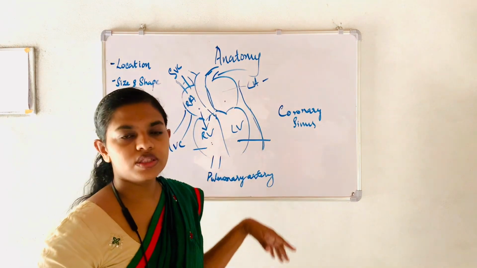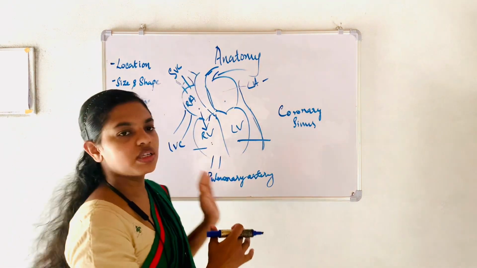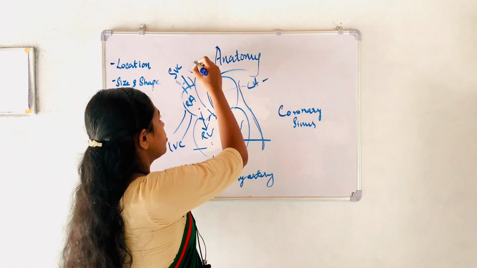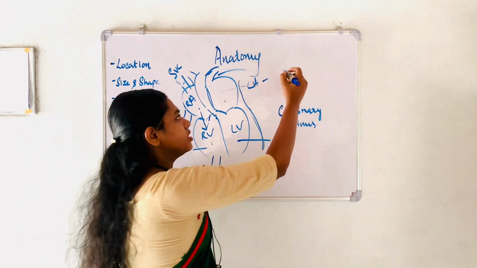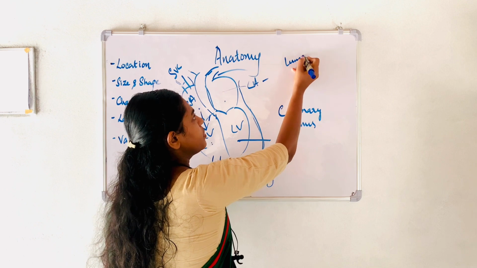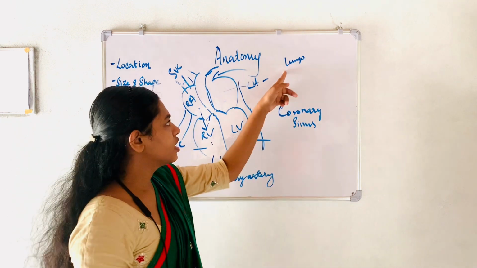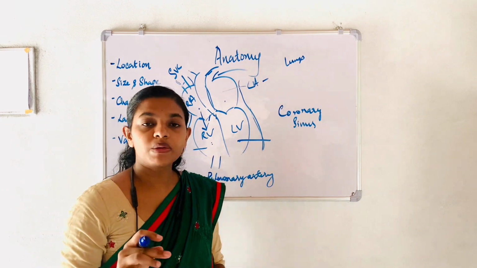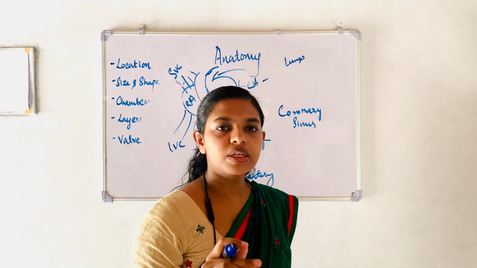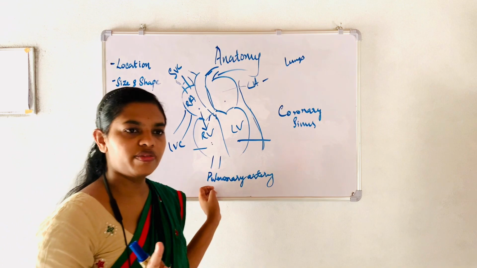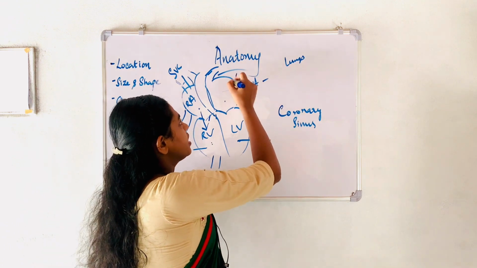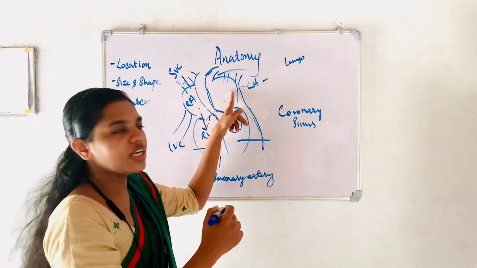And after oxygenation, what happens? So this much is the low pressure system. The whole right side is a low pressure system, and from the lungs, how does the blood return? It returns through pulmonary veins. Okay, four pulmonary veins are there, 2 right pulmonary veins and 2 left pulmonary veins. So that drain into the left atrium.